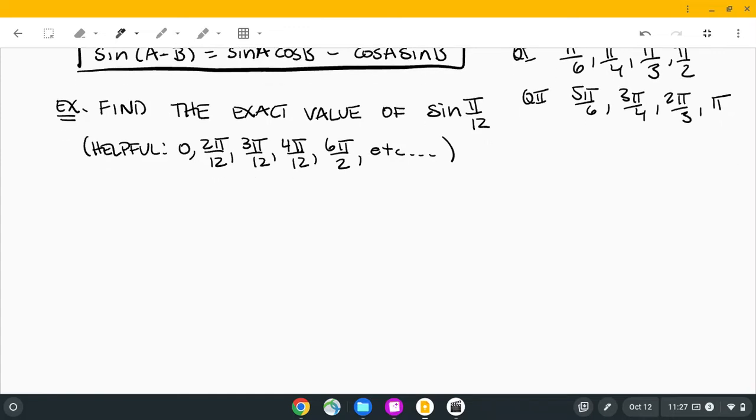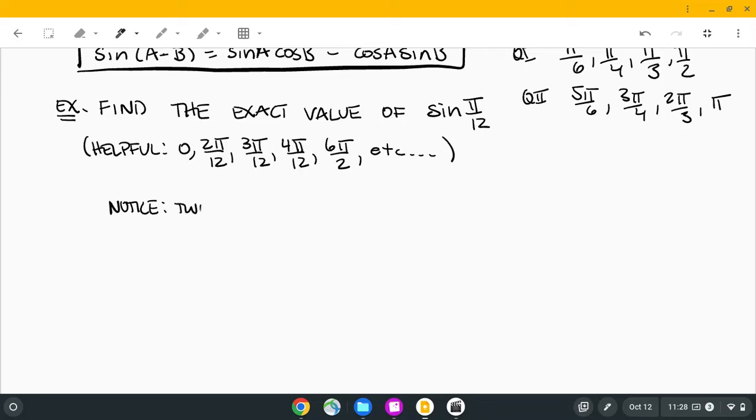All right, so sine of pi over 12, I can already see that I can use two choices. I can do 3 pi minus 2 pi, or I can use 4 pi minus 3 pi, and I'll get 1 pi over 12. So let's just put a little notice.